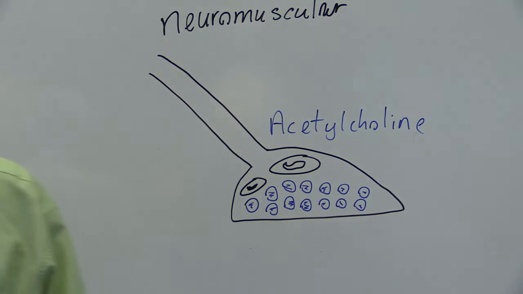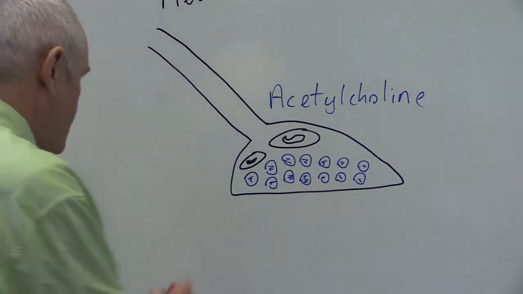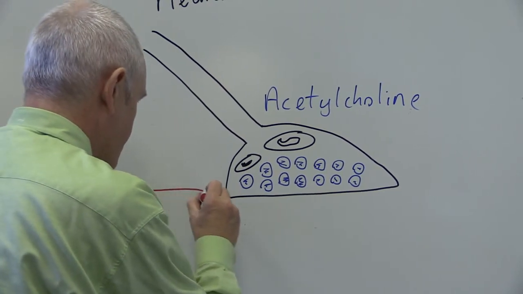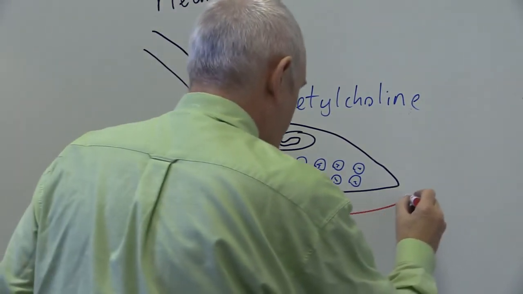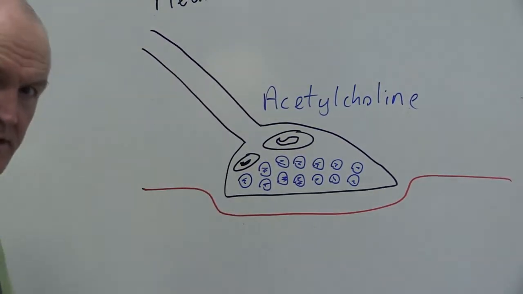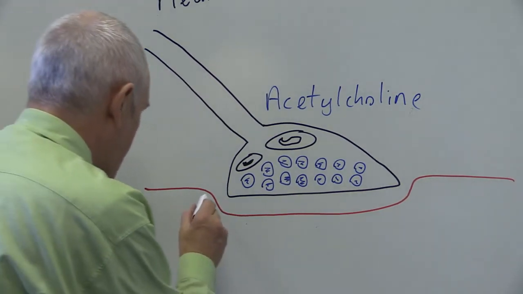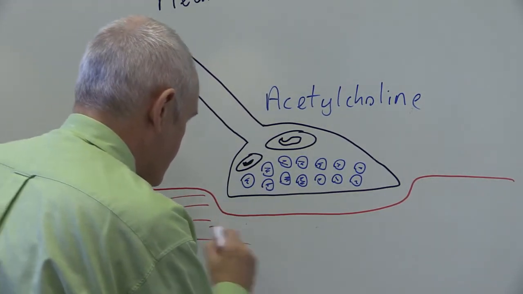Now underneath this we have a muscle. So here we have the muscle. Because the aim is that this motor neuron is going to stimulate contraction of the muscle.